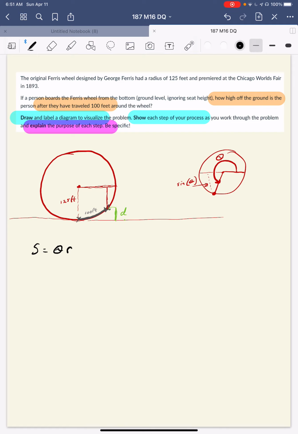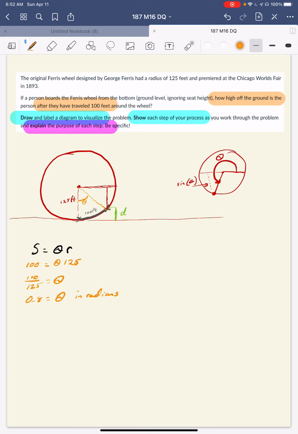In other words, I should be able to find this angle right here. In this picture, I'll call that theta for now. And I can then say S, which is 100, equals theta times R, which is 125. So 100 divided by 125 equals theta. And so that gives me 0.8 equals theta, and that's in radians.